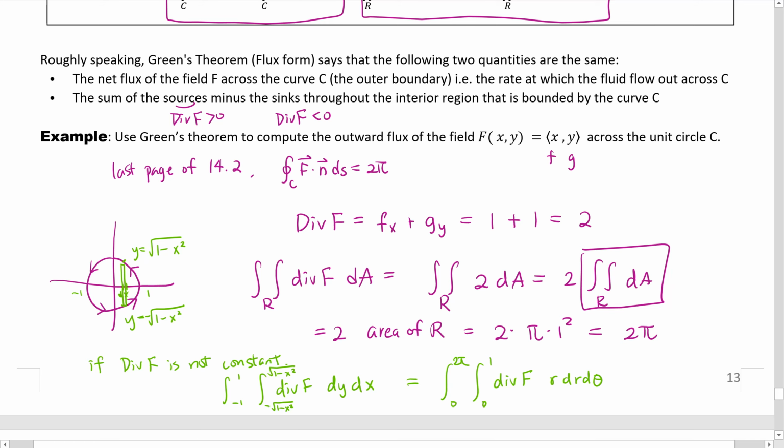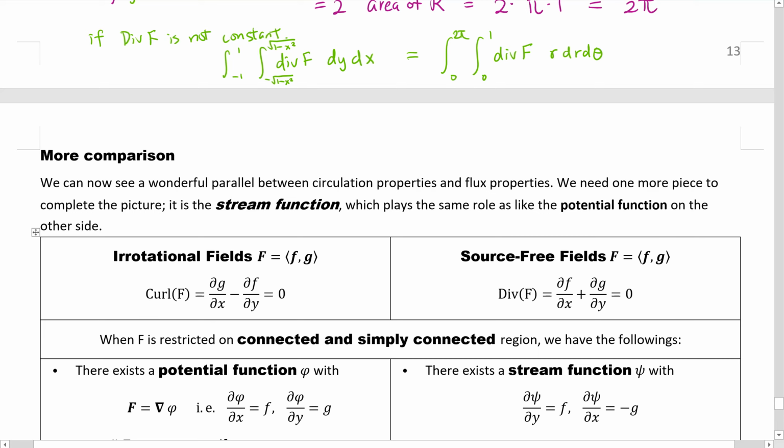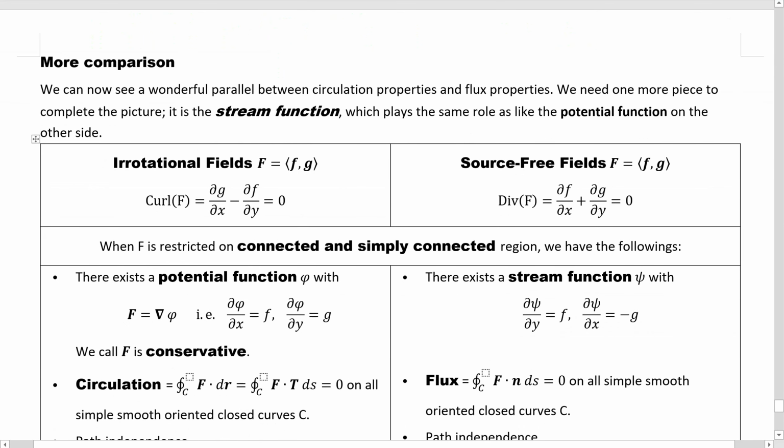All right, let's continue. Okay, more comparison. I know today you have learned a lot. We learned 2D curves, 2D divergence, and we talked about circulation and flux, a lot of things together, right?